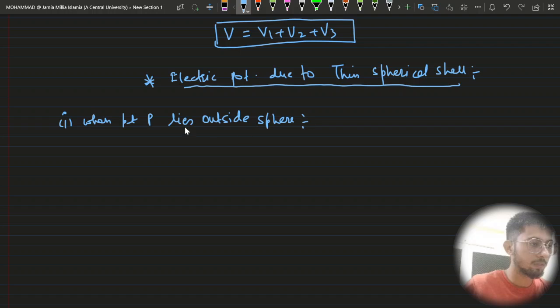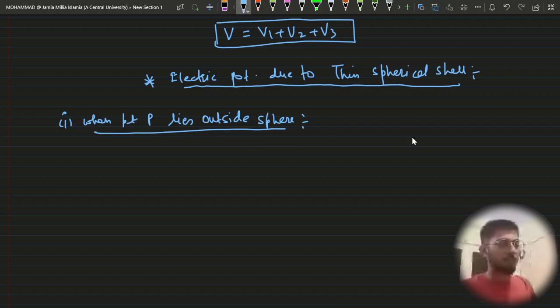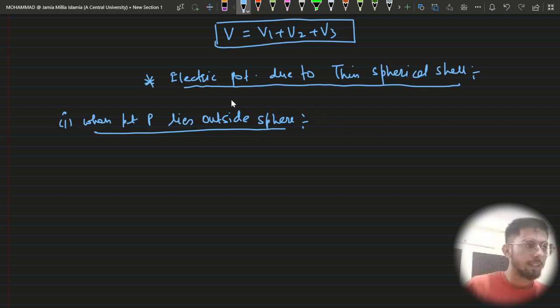This is the first case. Now what will happen for the first case? I told you that while finding the electric field due to a thin spherical shell, we found out that E was similar to that of a point charge, isn't it?